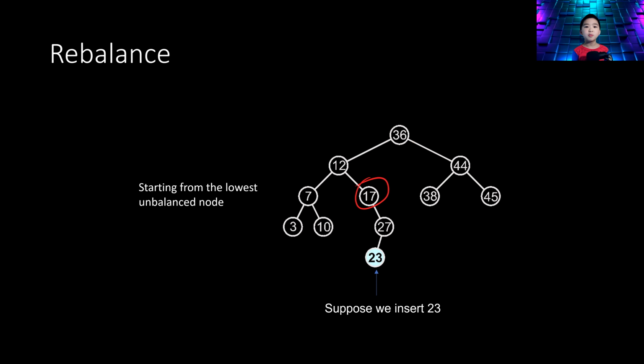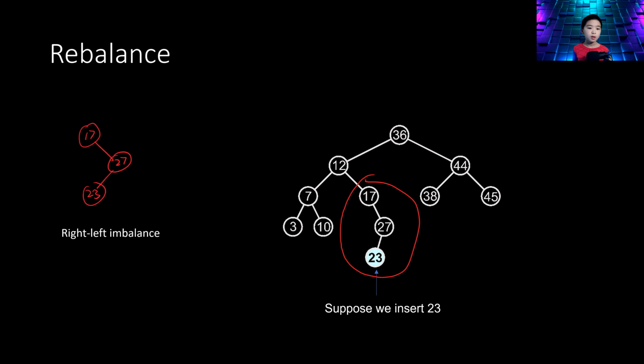It may seem like we need to fix multiple unbalanced nodes in this tree. But the truth is that if we fix the lowest unbalanced node, then higher ones will be balanced automatically. We'll see why in a second. Let's start from the unbalanced tree. As we said, we will start with the lowest unbalanced node, which is the node 17. We can single out the subtree with the node 17.